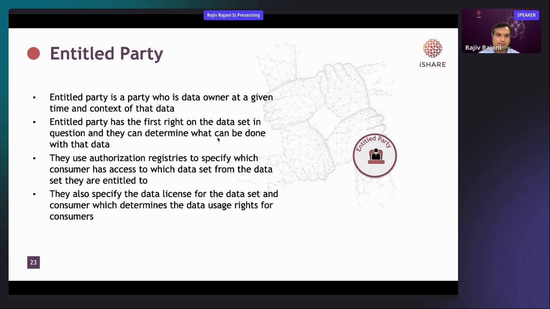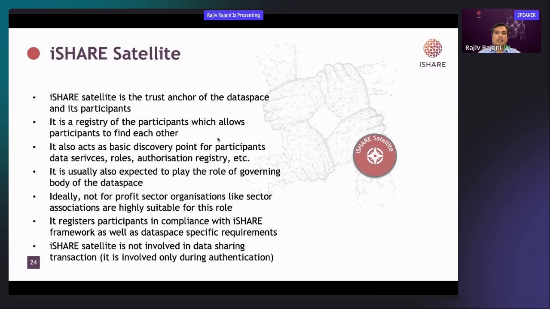Then iShare Satellite. iShare satellite acts as a trust anchor in the data space, or it's the key essential role in the framework. As I mentioned earlier, it's a registry of participants. So when any participant wants to join or use the iShare framework, they register themselves via satellite, and they onboard themselves via satellite.